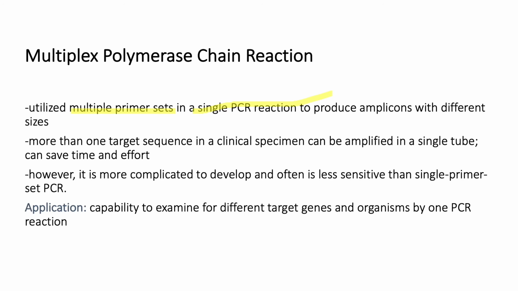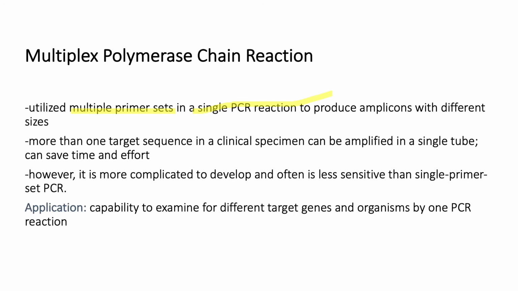Kasi usually yung ginagamit natin for the analysis of the PCR product that has been thermally cycled by conventional PCR machine, di ba, agarose gel electrophoresis. At ang principle nito, yung size ng DNA molecules or ng nucleic acid molecules natin.